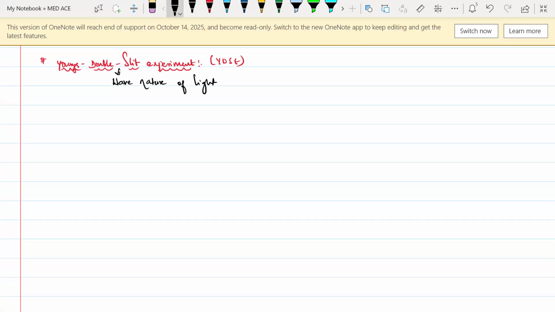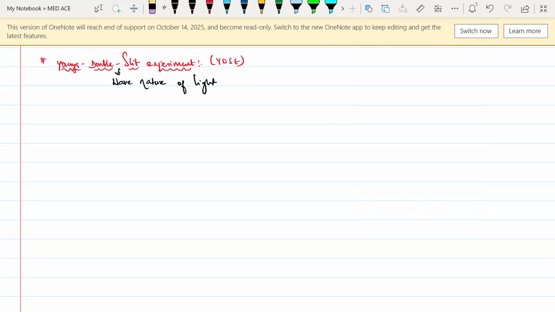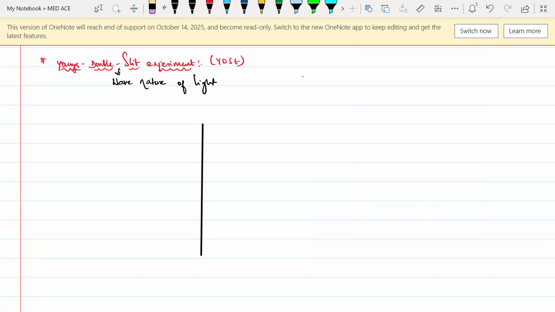I'm drawing the experimental setup after this. There is a slit here, somewhere here. And there is one more slit somewhere here. And there is a small hole in between them.